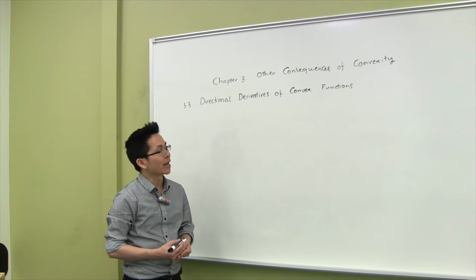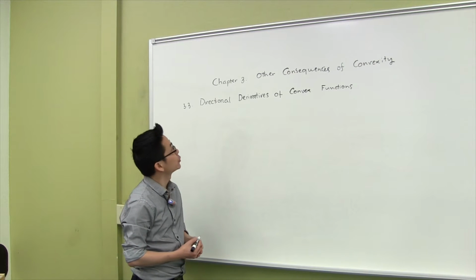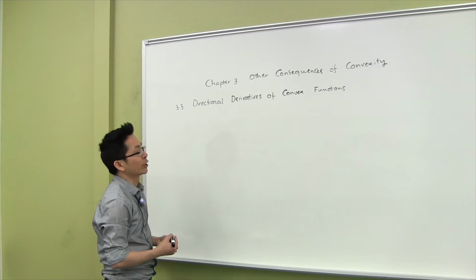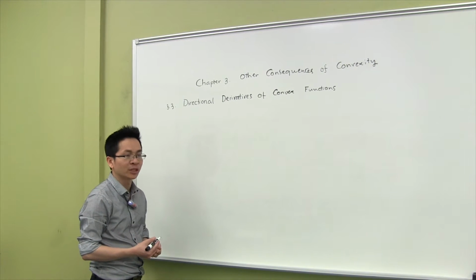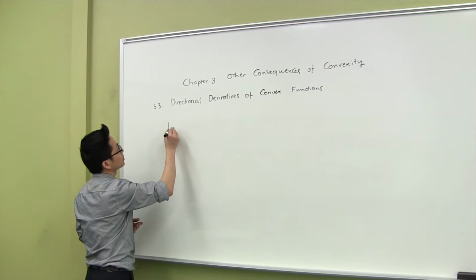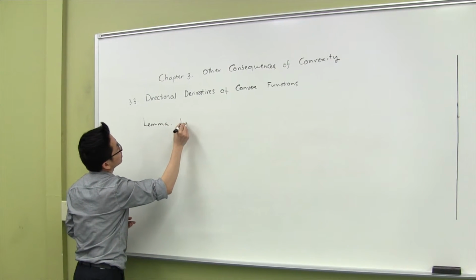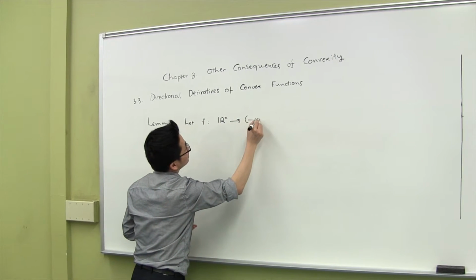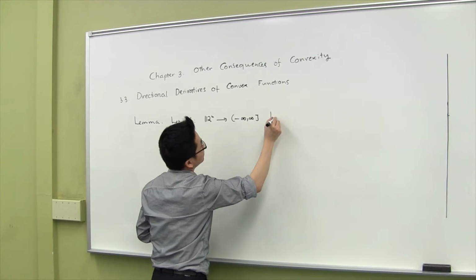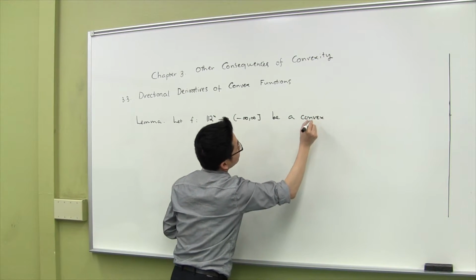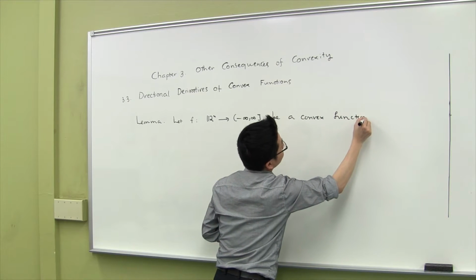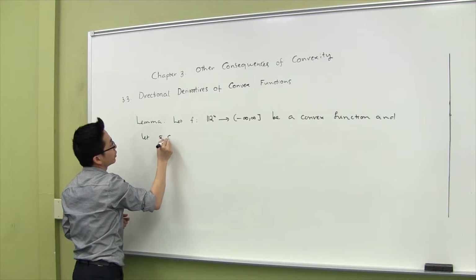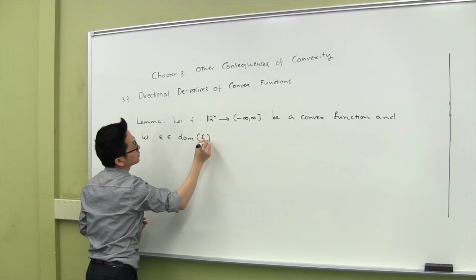Our next goal is to establish the relation between the directional derivative of a convex function and its subgradients. The following lemma is very simple but important for what follows. Let f from Rn to the extended real line be a convex function, and let x bar be a point in the domain of the function.